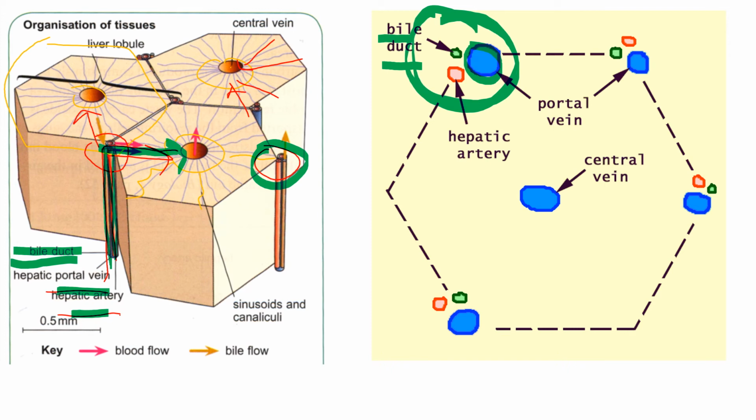The hepatic artery, remember when we did animal transport, we looked at arteries, and the walls of them are thick and kind of muscular, and they look a little bit stripy. The bile duct, it is a duct. It is made and lined of cells.